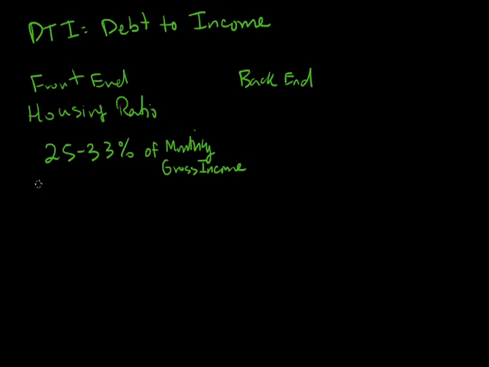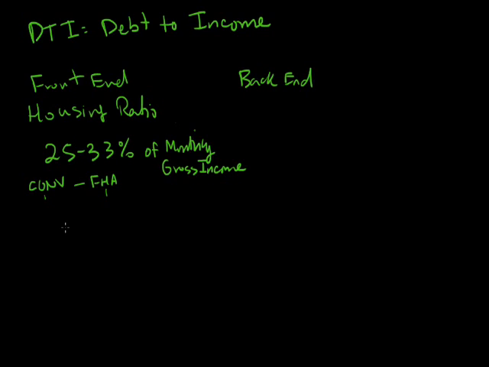On the lower end, we're looking at conventional loans. As we get to the 33%, we're looking at FHA loans. So lower risk borrowers are on the conventional side, higher risk borrowers on FHA. Again, that's why first-time home buyers typically use FHA loans.